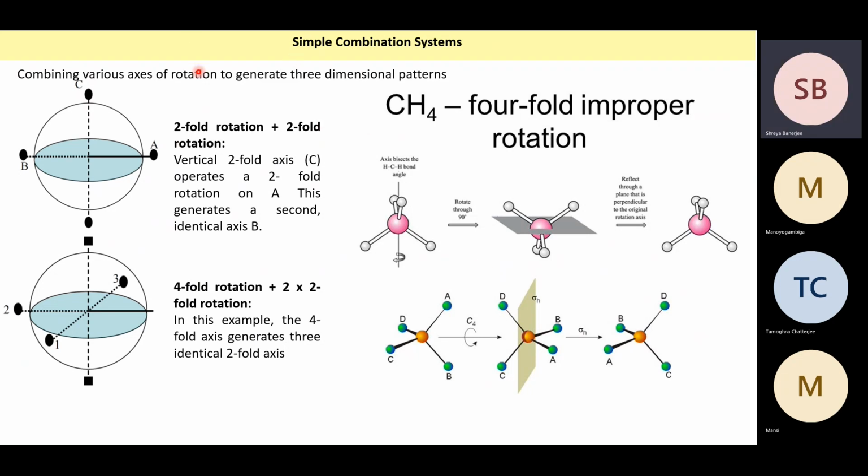Next, we will talk about simple combination systems in which various axes of rotation are combined to generate three-dimensional patterns.